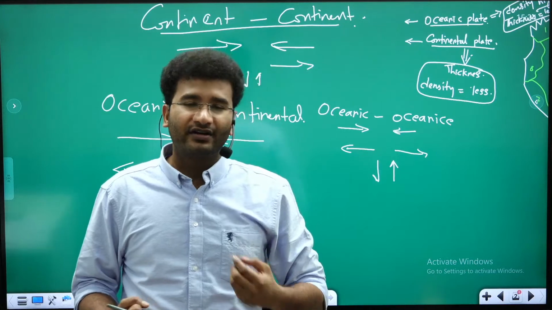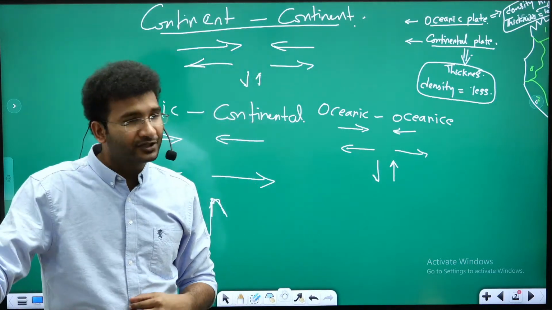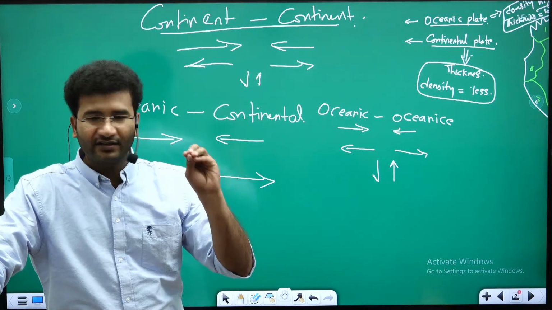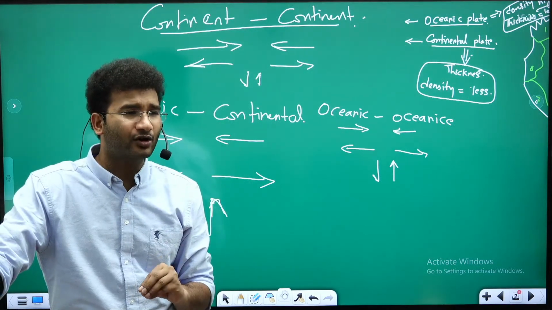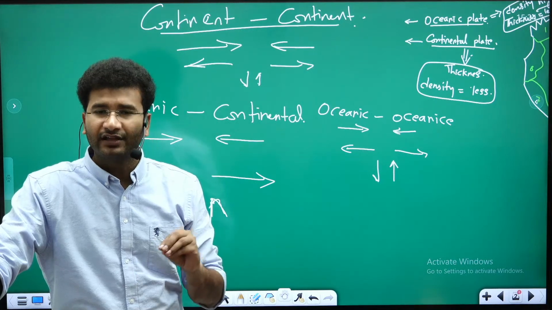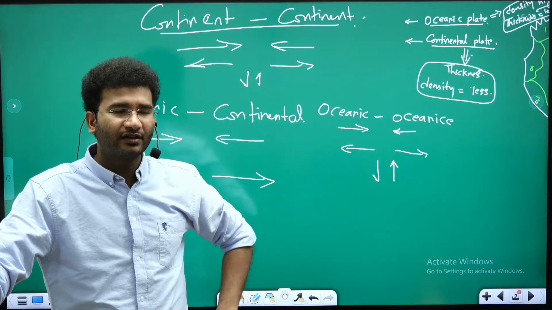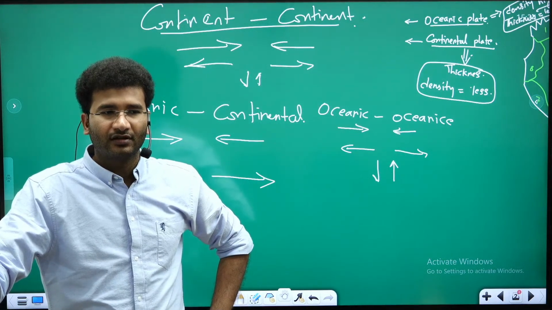So trenches can be formed in the convergent boundaries. You may think that trenches are only formed whenever a continental plate and oceanic plate collide. It is not like that. There can be trenches formed in the oceanic-oceanic convergence also.